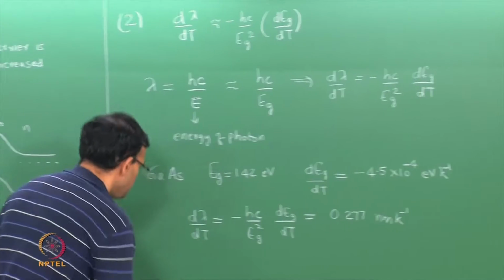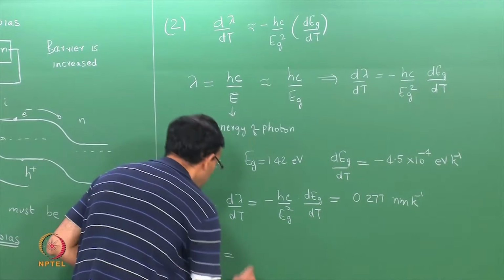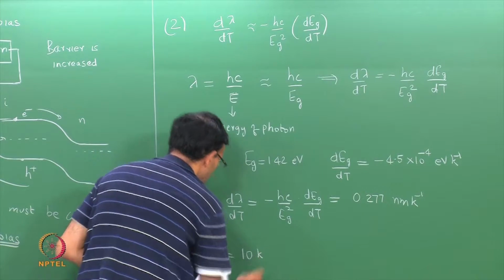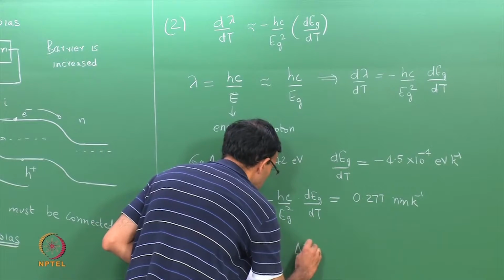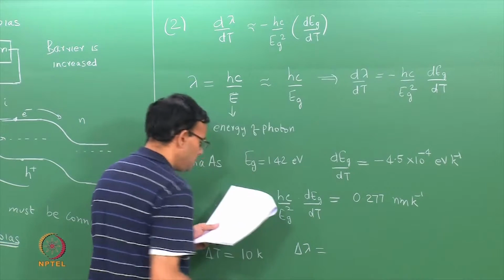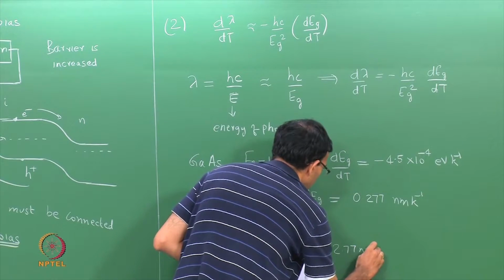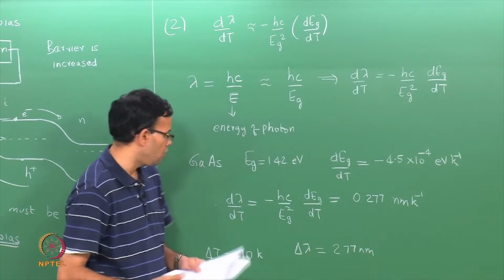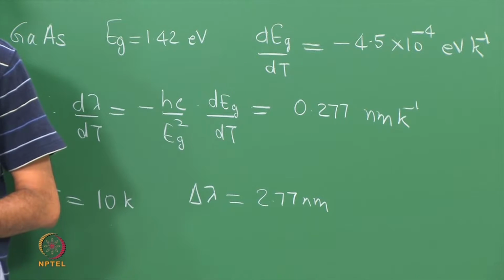The question also says your delta T is nothing but 10 degrees. So, in Kelvin it is the same, 10 Kelvin. So, the corresponding change in the wavelength, delta lambda, is nothing but 2.77 nanometers. All we are doing is substituting delta T here and then just multiplying.